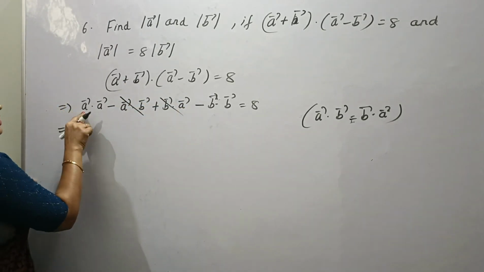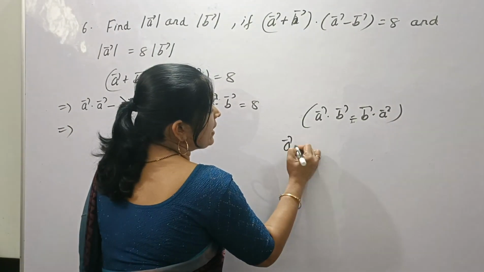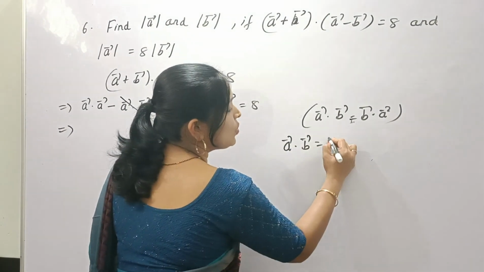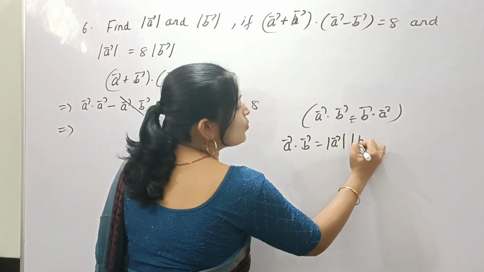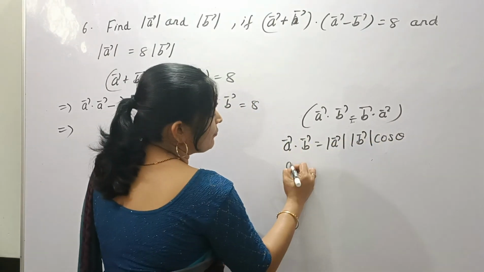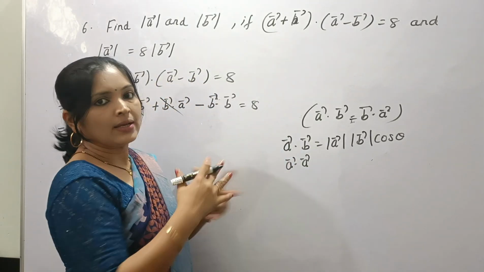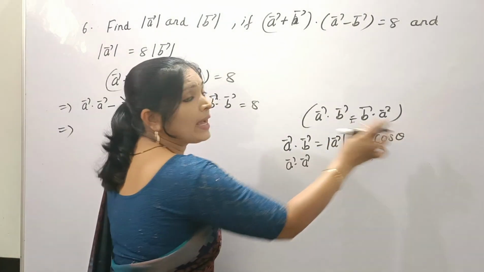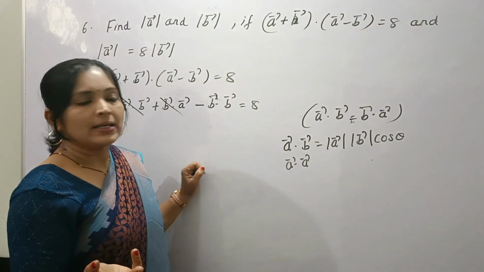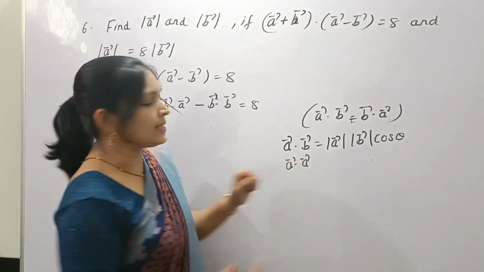So next, vector A dot vector A. Here we know that vector A dot vector B is equal to modulus of vector A into modulus of vector B into cos theta, right? If it is vector A dot vector A, what is the angle between them? That is the same thing, so the angle is 0.